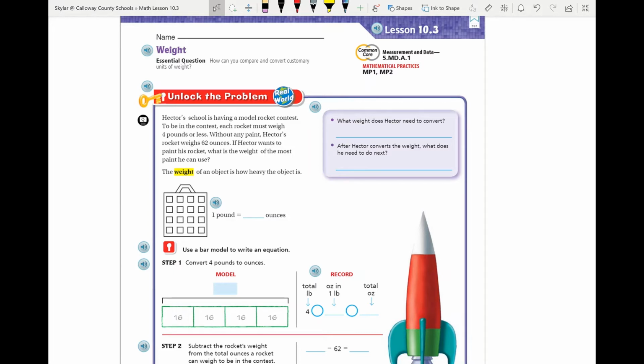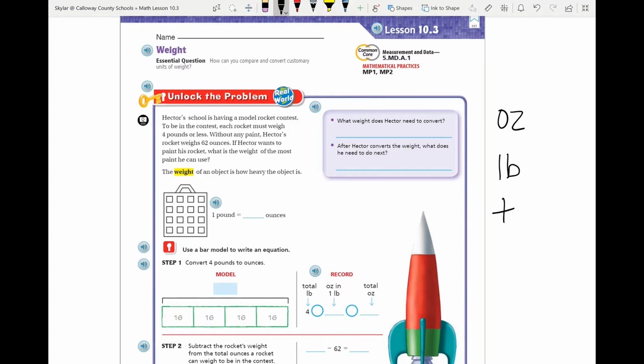Another piece of good news, this is the easiest one we have because we are only dealing with 3 units for weight, and that is ounces, not fluid ounces, but ounces, pounds, which is lb, and tons. So, these are the 3 that we're going to be dealing with.